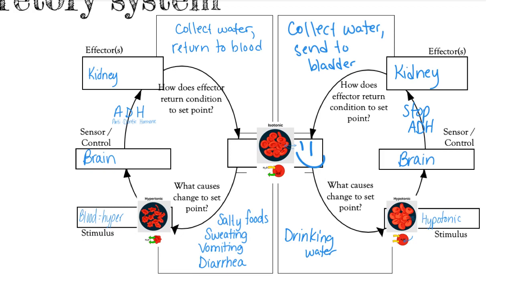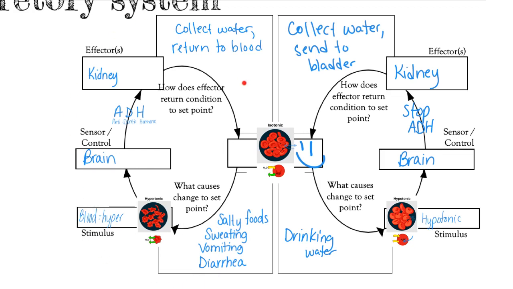That's okay. All right, so quick recap, and something really important that I want to point out because I've seen a lot of people make this mistake. Cause, effect. These are the things that you're doing down here, right? You're eating salty food, you're sweating, you're vomiting, or you have diarrhea. The things that are pulling you away from homeostasis.